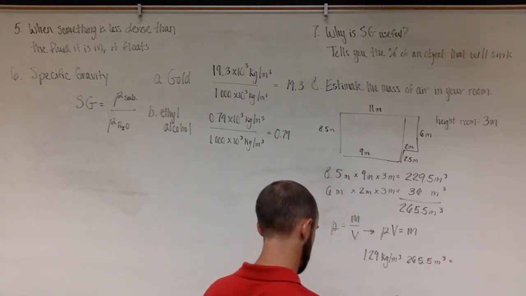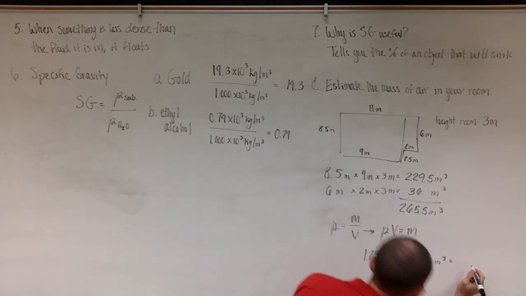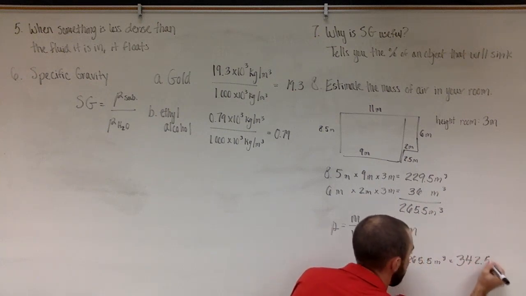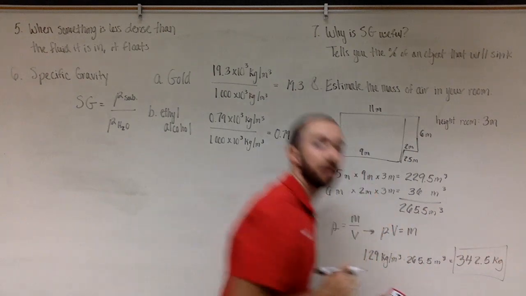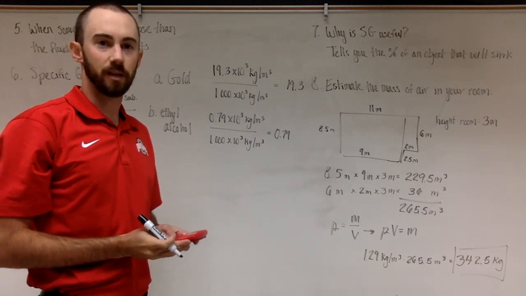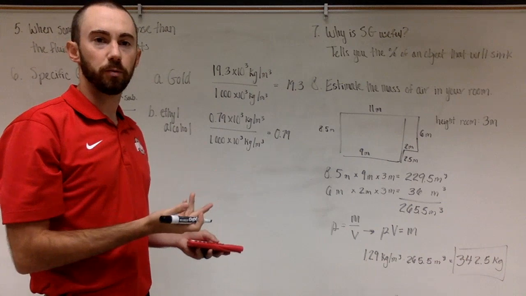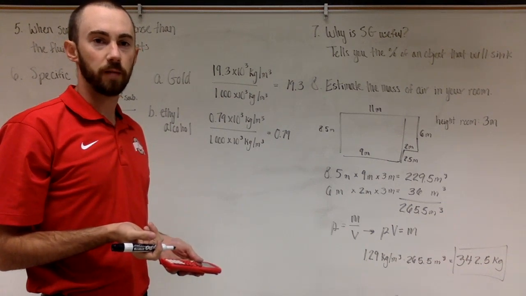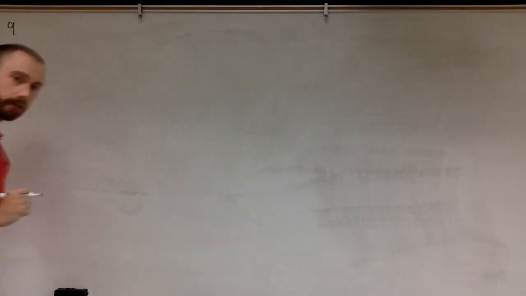Multiply them together, and I get an approximate mass of 342.5 kilograms. Now remember, this is going to be slightly higher than what we'd actually see because I'm not in a freezing room, as you can tell by the fact I'm in a short sleeve t-shirt. But this is a pretty good approximation. So as long as you can find the volume, you just multiply it by density and you can find any mass.